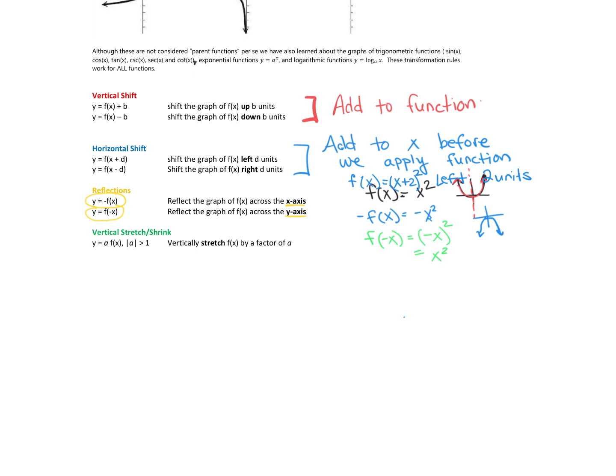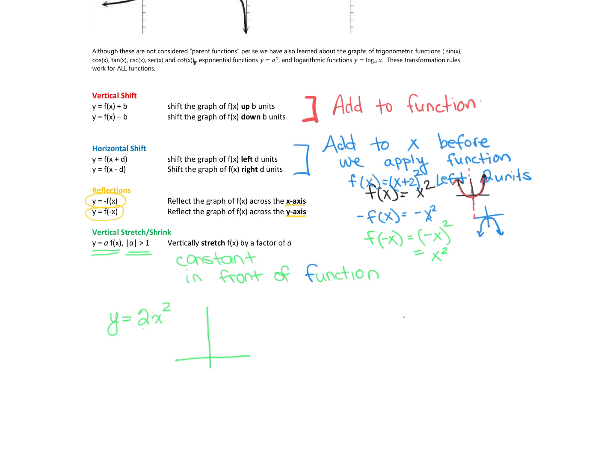Then we have a vertical stretch or shrink. That's if you put a constant in front of the function. So we can see that if our a value is bigger than 1, something like 2x squared, that our y values are going to be vertically stretched by a factor of 2.